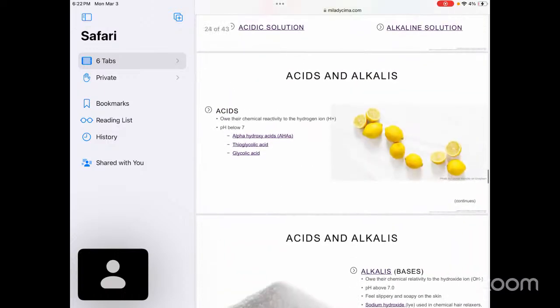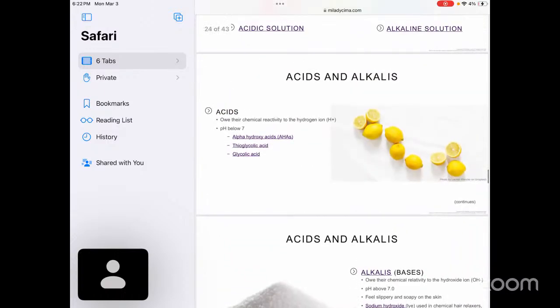Let's look at acids and alkalines. Acids owe their chemical reactivity to the hydrogen ion. These are some things that you're going to find below 7. You definitely see the lemon. Anything citrus is going to be below 7. Let me stick a pin in there too.